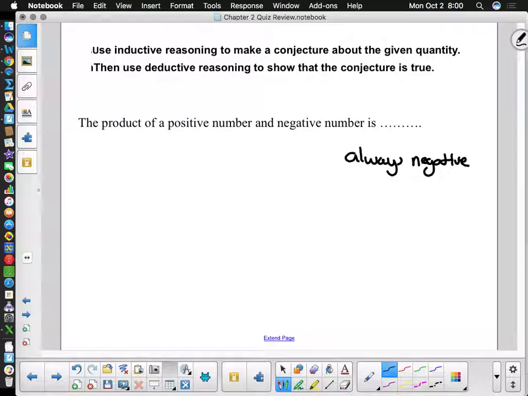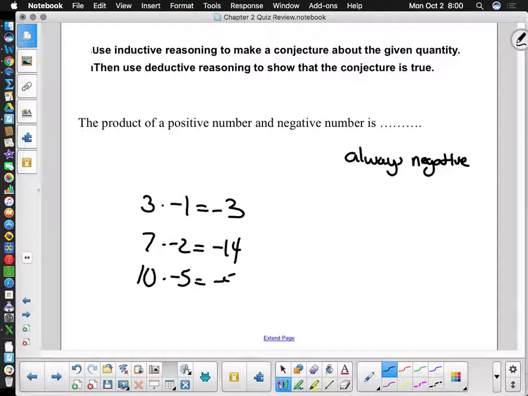Now, this is actually a little bit tricky because the inductive reasoning part might be like 3 times negative 1 equals negative 3. 7 times negative 2 equals negative 14. 10 times negative 5 equals negative 50.